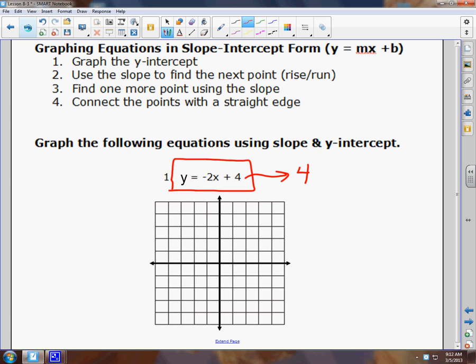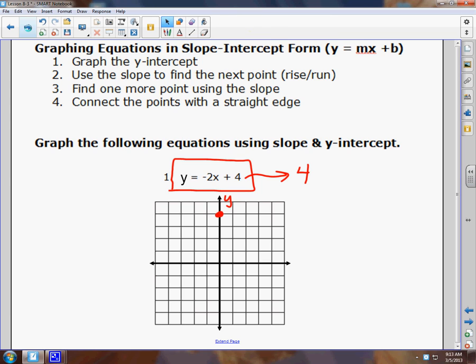And think about it, y-intercept, what do you think that means? Well, what it means is it's going to intercept the y at 4. So I go up to 4 on the y and I make a dot. That is my y-intercept of 4 because it's going to hit the y at 4. And that's on the y-axis at 4.